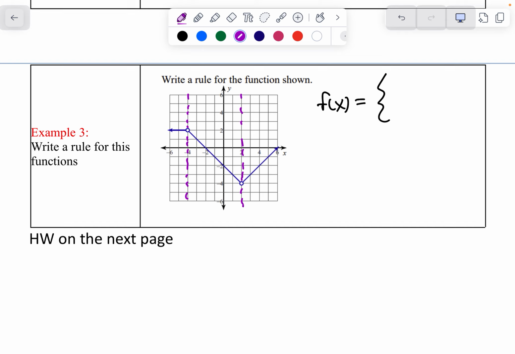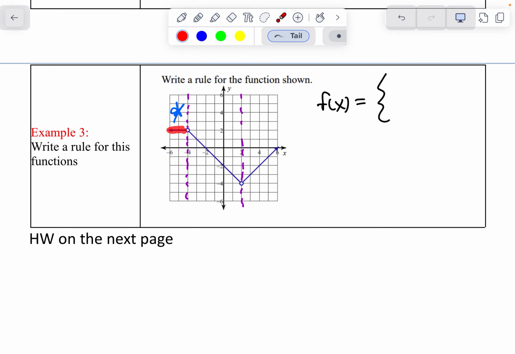Now, for this piece right here, do you remember what the equation is for a horizontal line? Not f of x equals a number, yeah, we'll get a sloping line for some version of f of x equals x.